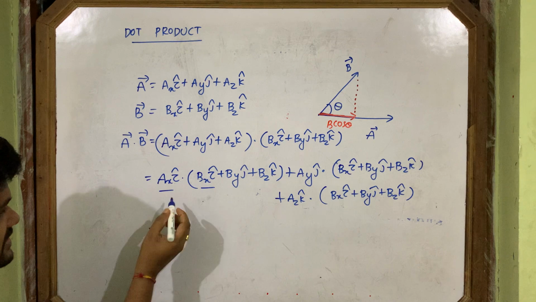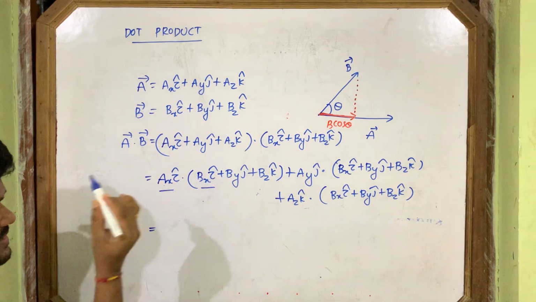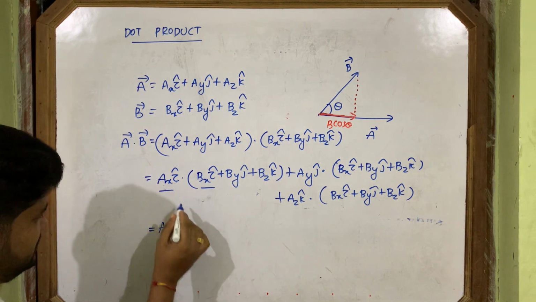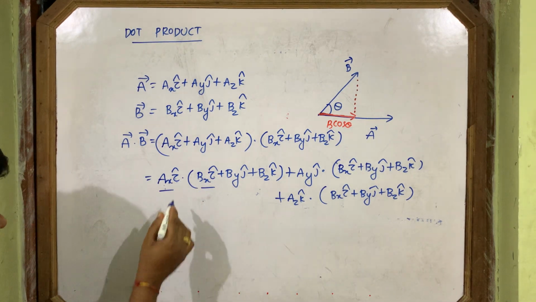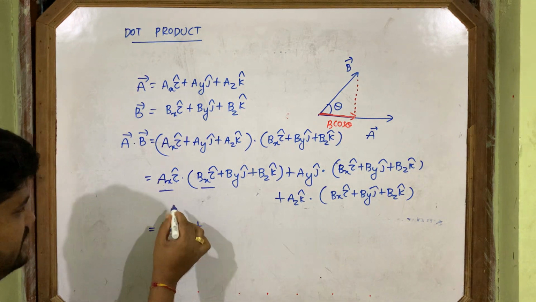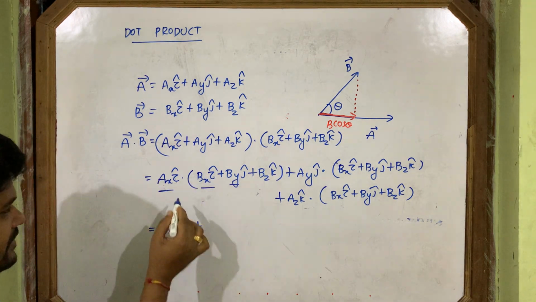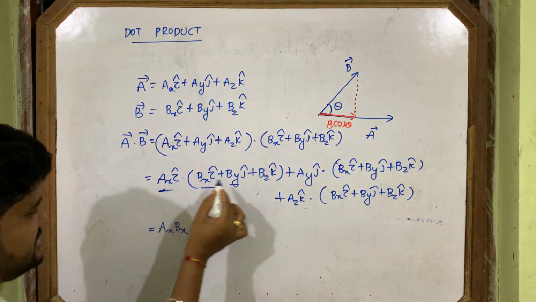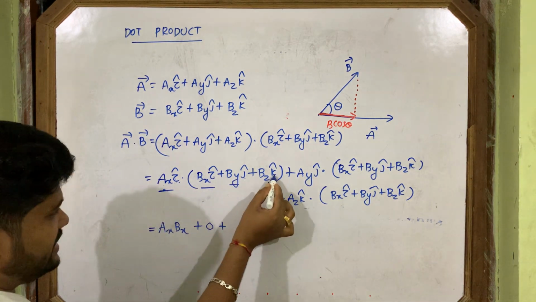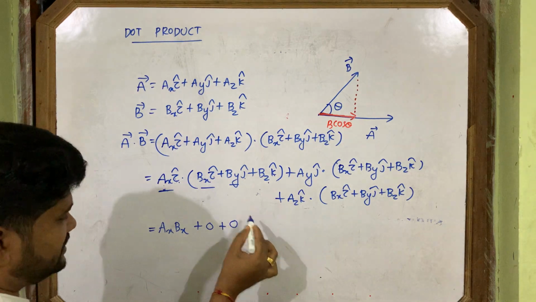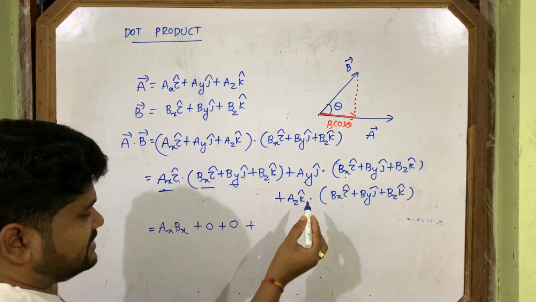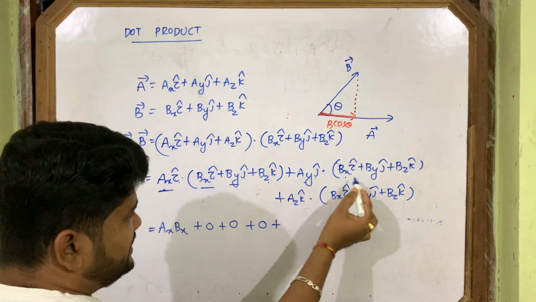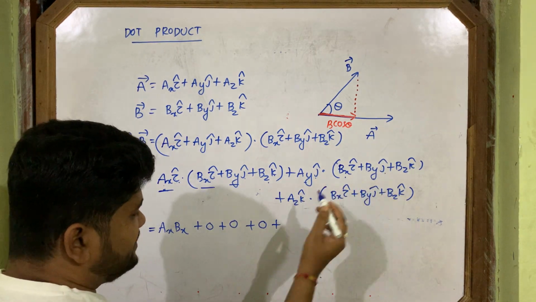So what is coming? Scalar with scalar, vector with vector. Ax bx, i cap dot i cap is 1, plus ax by, i cap dot j cap is 0, ax bz, i cap dot k cap is 0, ay bx, but j cap dot i cap is 0, ay by, j cap dot j cap is 1.